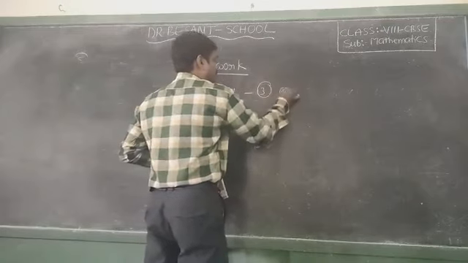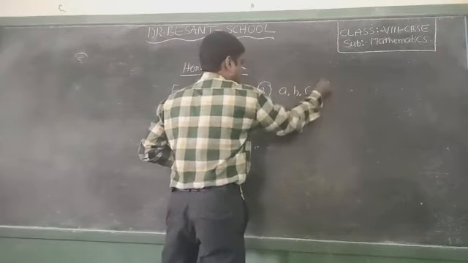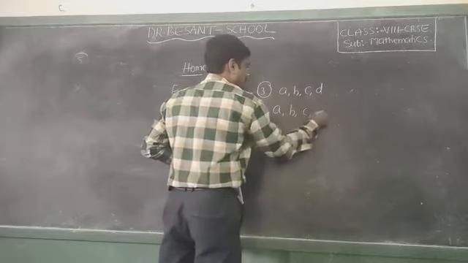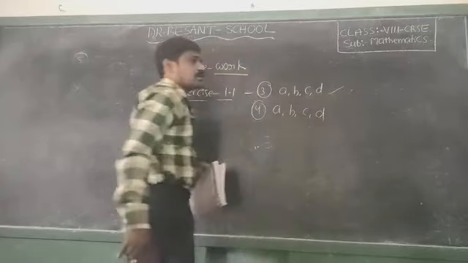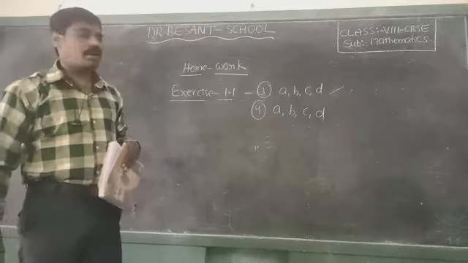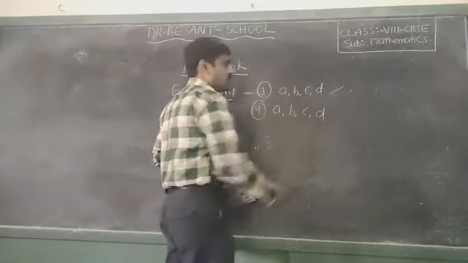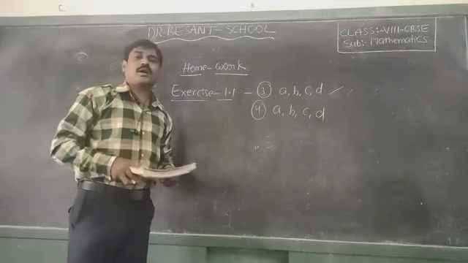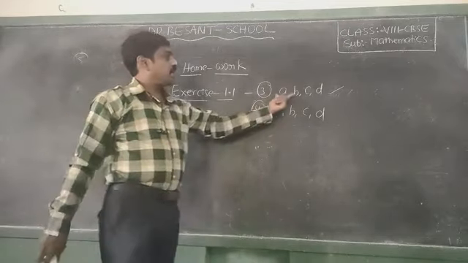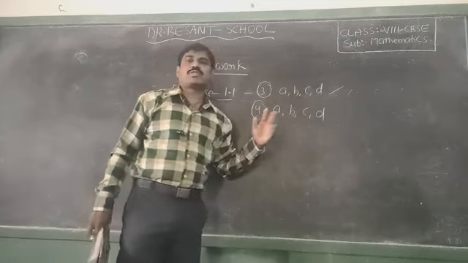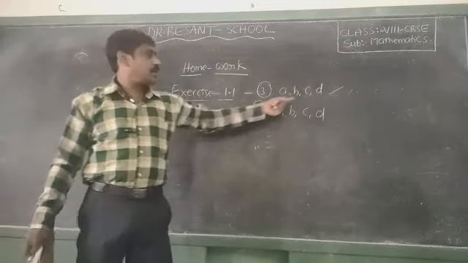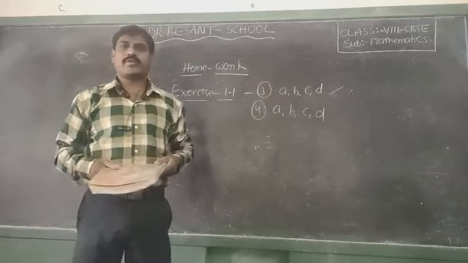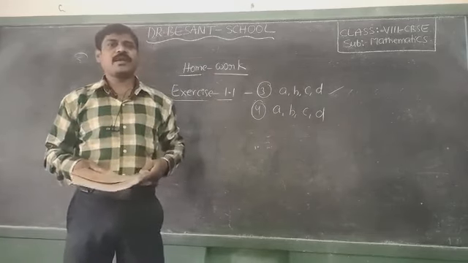Odd Roman A, B, C, D. Fourth Roman A, B, C, D. So all these four questions are about ascending order, and all these four questions are about descending order. So these 8 sums you have to practice. Already 4 sums I have explained here. The remaining 4 problems you have to do on your own. Otherwise I will explain in the Zoom class.